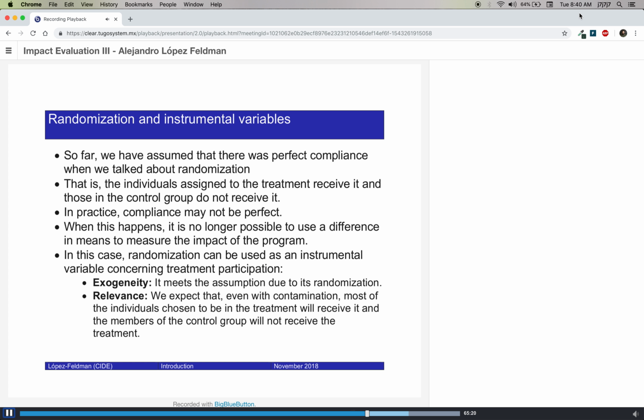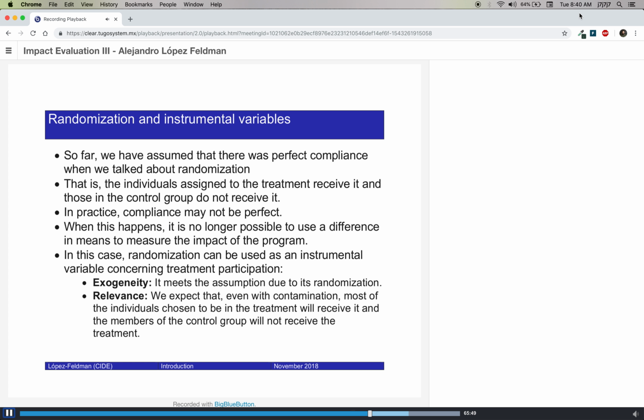Well, yes, because I am trying to explain randomization and participation in the program. So even if there is contamination, we really hope that randomization was conducted. For instance, 90% of the ones who were supposed to receive treatment did, and only 10% of the control group received treatment.